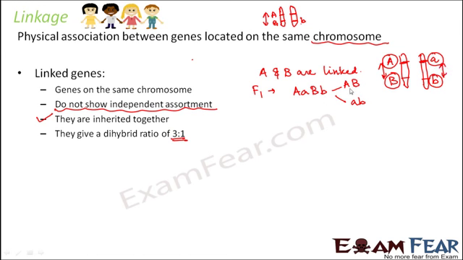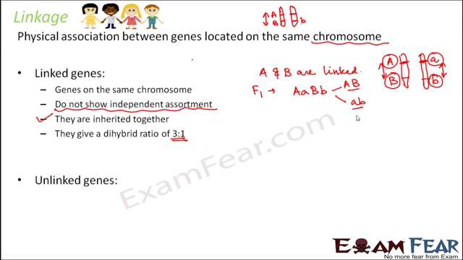So therefore these are the only possible gametes. You cannot have further combinations because capital A cannot combine with small b. Similarly, small a cannot combine with capital B. So you just get two types of gametes for the F2 generation, right? These are the only possible gametes in this case.